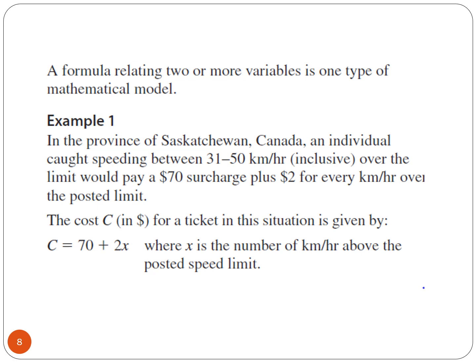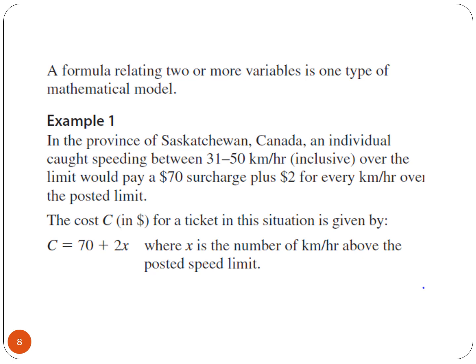Now, this is a real life situation. To use a formula, first of all, you have to decide what the formula is for. We want a formula that will tell us how much the person will be paying, how much the ticket is. That depends on how fast the person is driving over the speed limit. Here is where algebra comes in. These are variables.